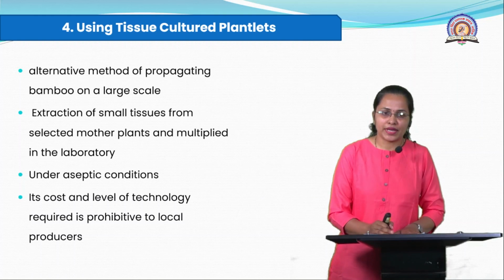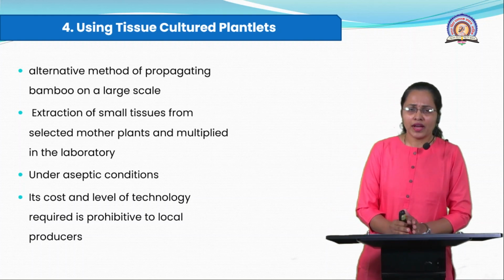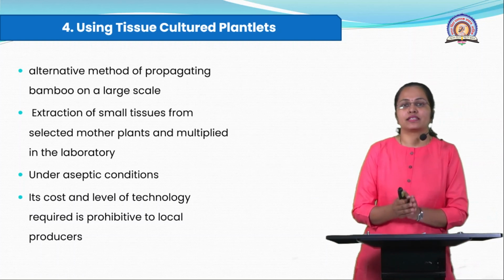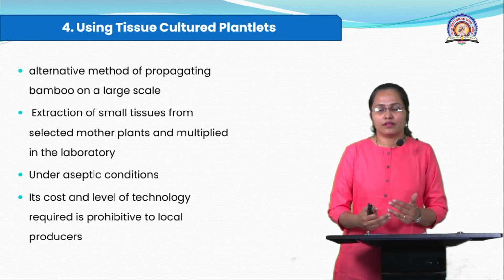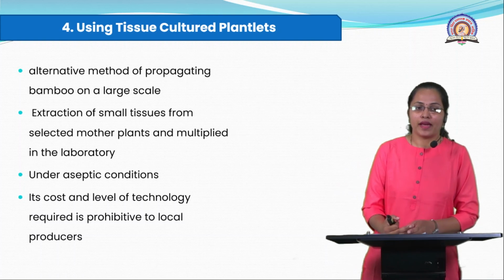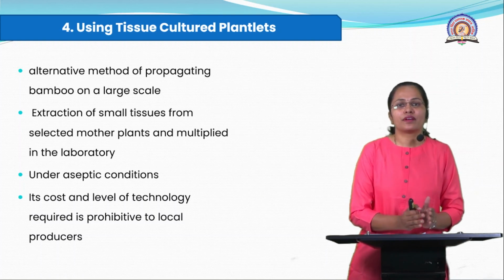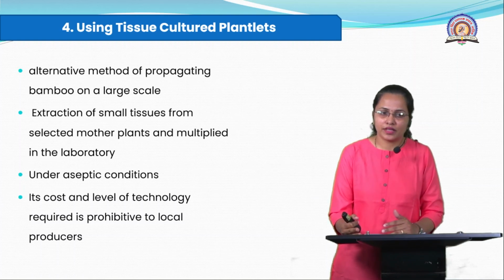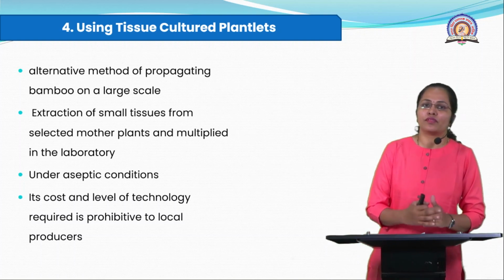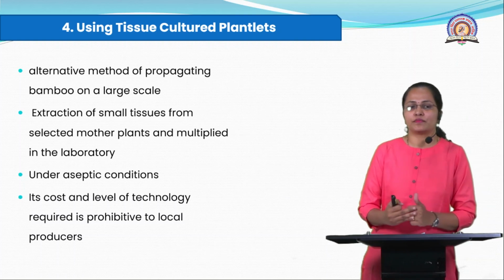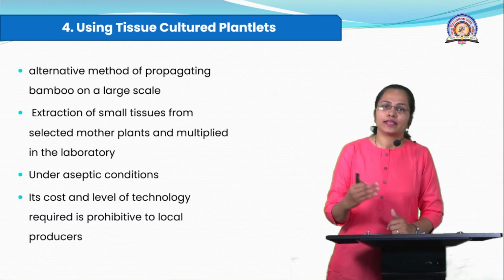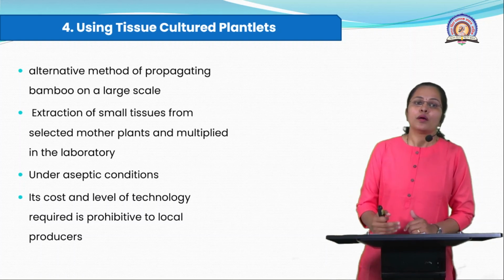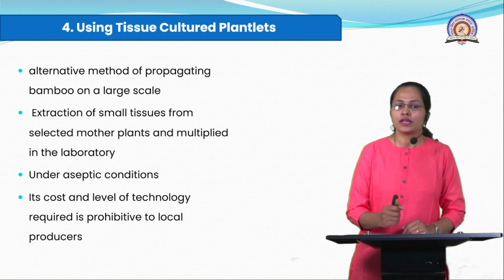It also requires some technical knowledge and skill, and therefore it takes local people away. Therefore this type of method is not much practiced by local producers, and they always prefer vegetative propagation for the production of plantlets using the mother plant.